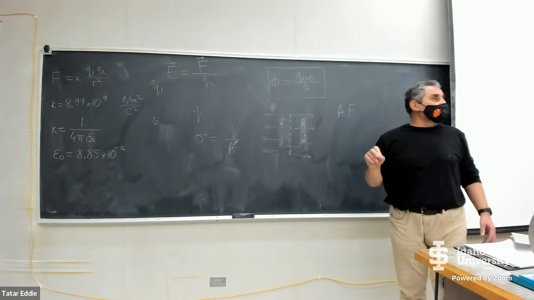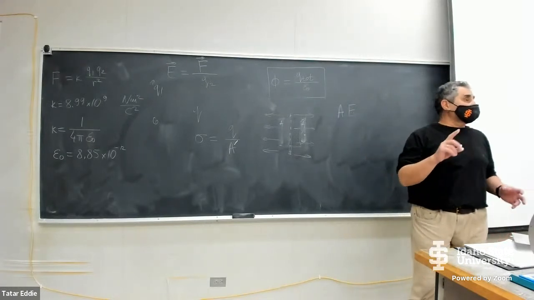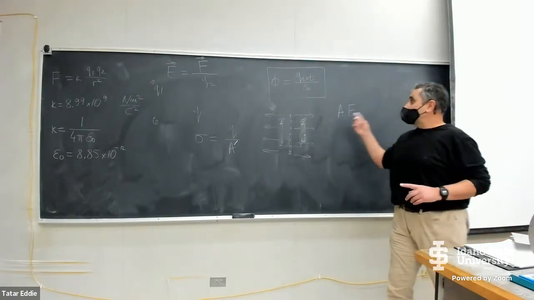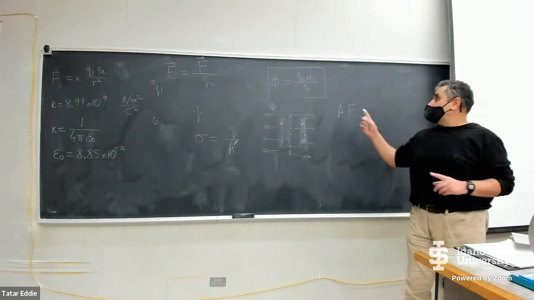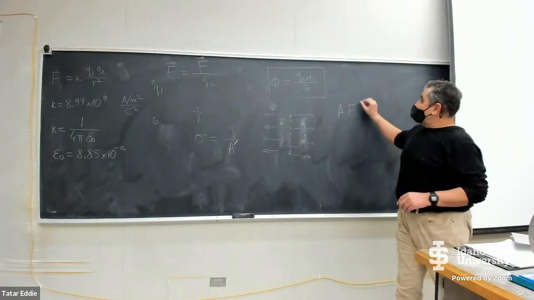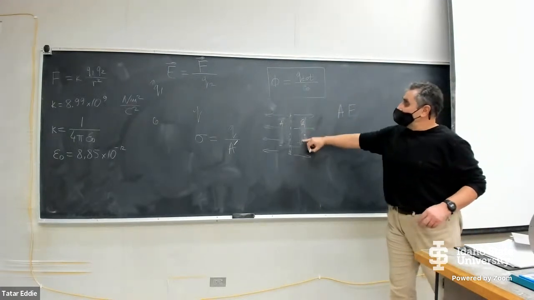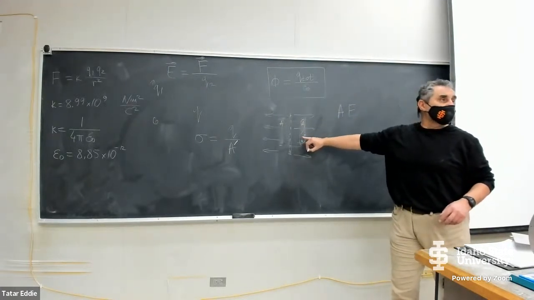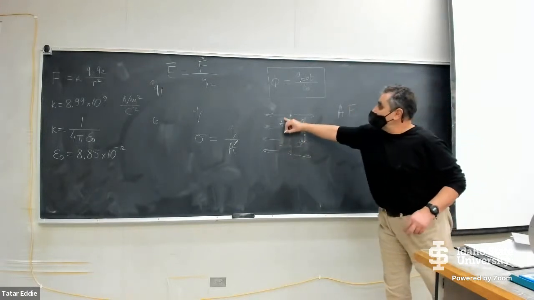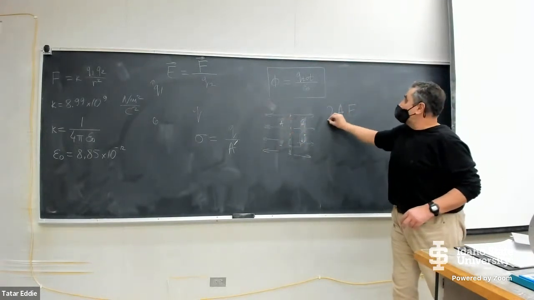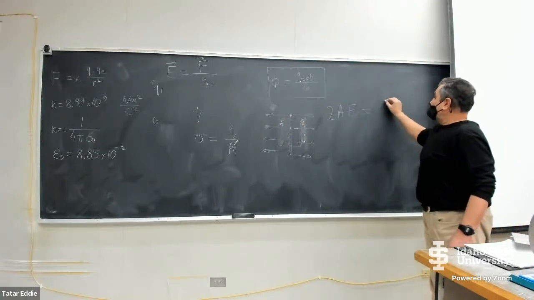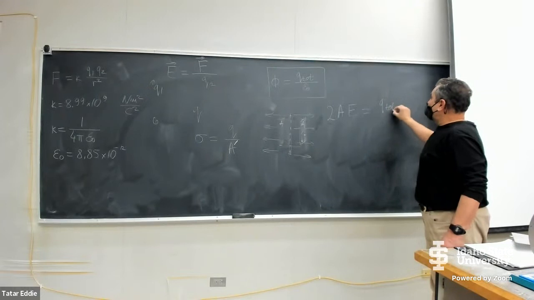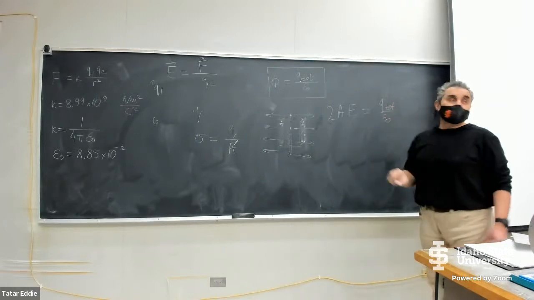Cosine of the angle is going to be 0 degrees. The angle between the normal to the surface and the electric field is 0. Cosine of 0 is 1. I'm not going to write it. So this is the flux through one of the flat imaginary sides, and the same flux through the other one. So the total flux is twice that. And that total flux has to be the total charge inside the box divided by this fixed number.